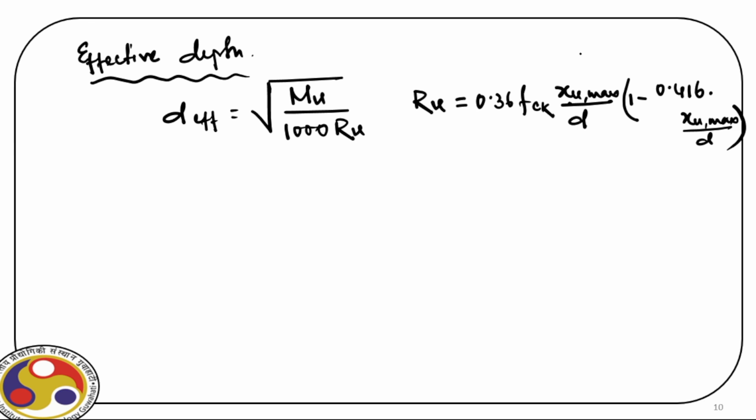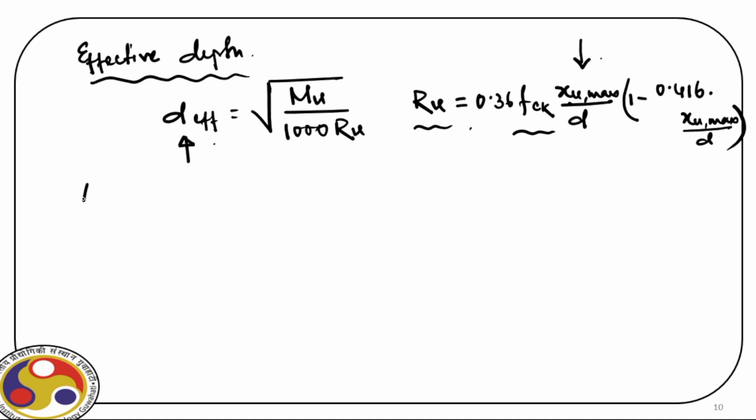Recall, for a given material property, you can quantify this Xu max by d, right? So if we know fck, if we know Xu max by d for a particular grade, and then using this expression we can find out what is Ru, so we can quantify what is d effective.